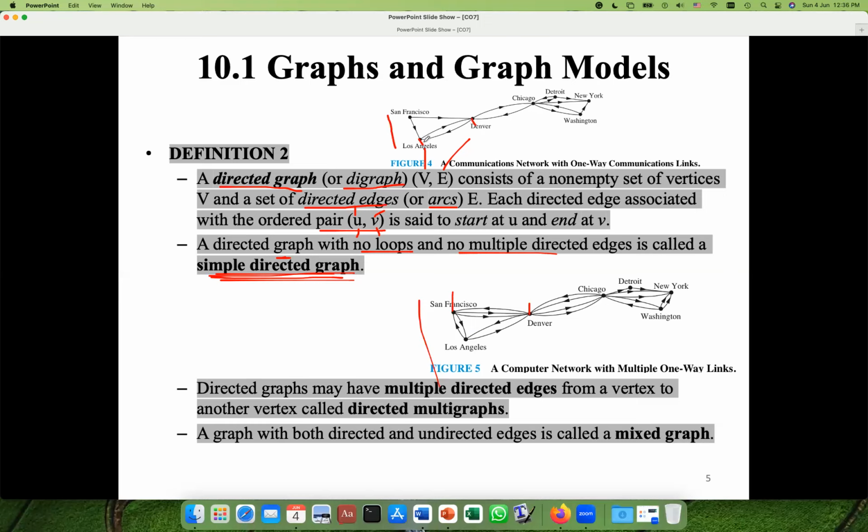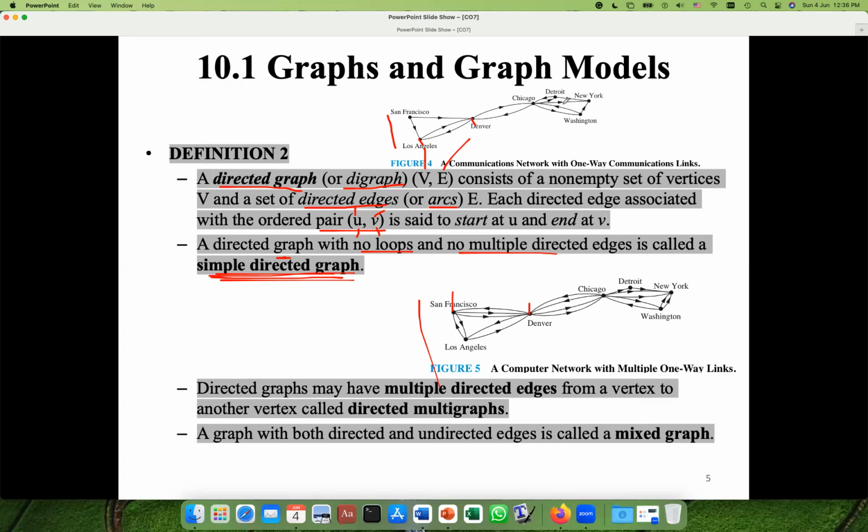Now direction matters, so these are not parallel paths. These are not multiple paths, because the direction is different. So this is a directed graph, and we don't have any loop over it, that is clear. Is there any multiple path here? This is only one edge, that is okay. Here we have two: one is directed from Los Angeles to Denver, the other is from Denver to Los Angeles. These are not called multiple edges; these are different edges in different directions.